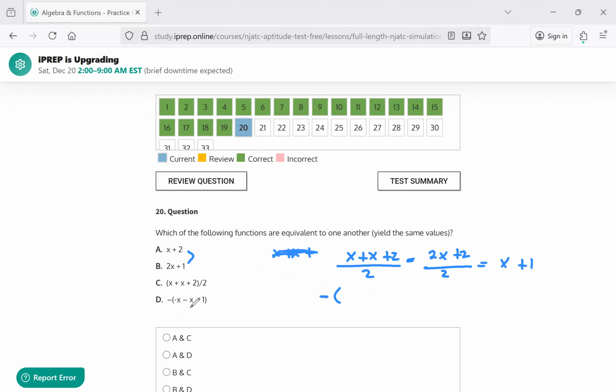So it's negative x is -2x minus 1. And if I distribute this minus, it's 2x plus 1. Hmm, looks like b and d is the one, right? B is 2x plus 1. D, when I clean this up, you get 2x plus 1. So I'm going to say B and D. So the last one.